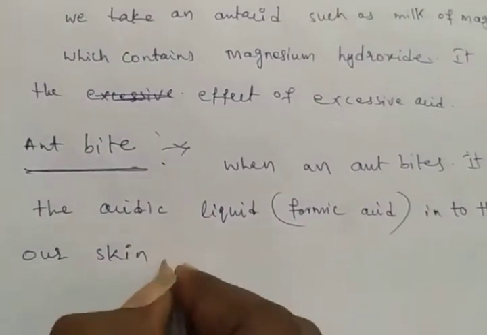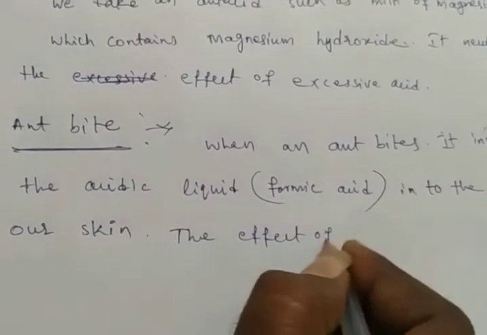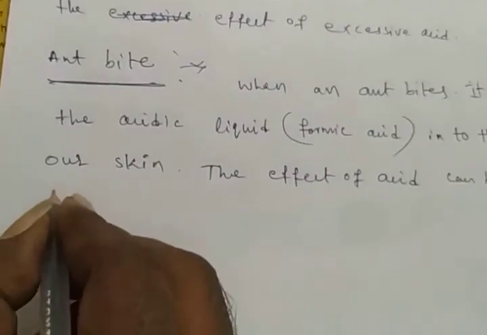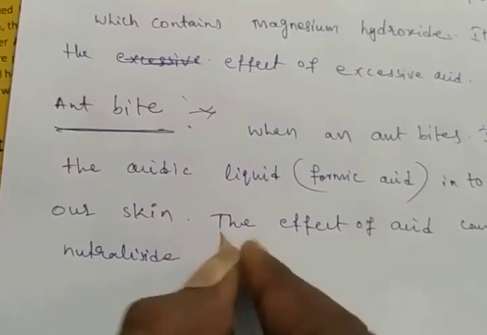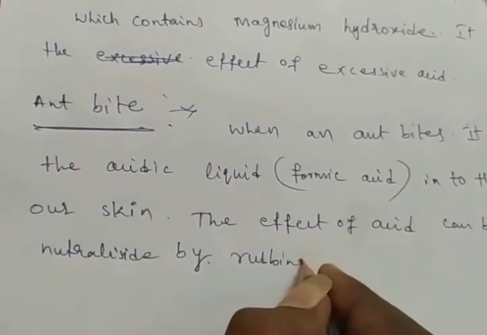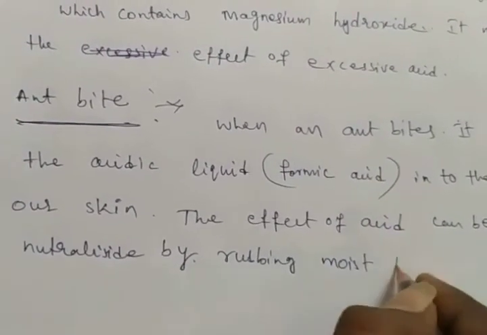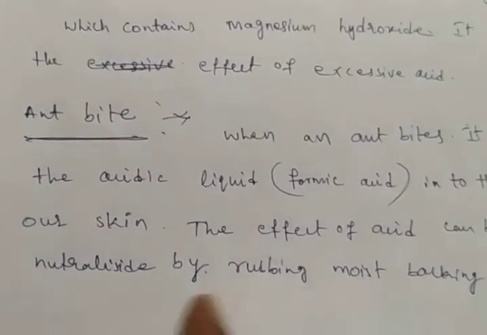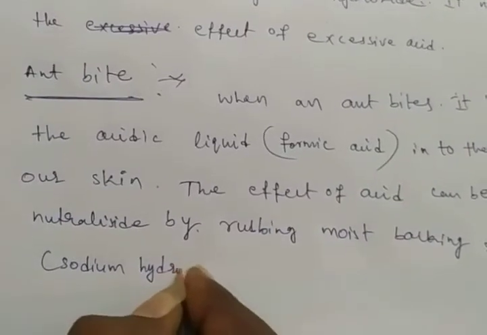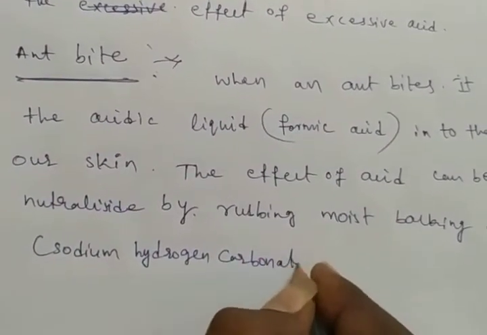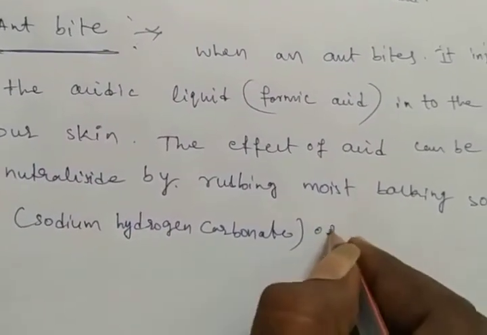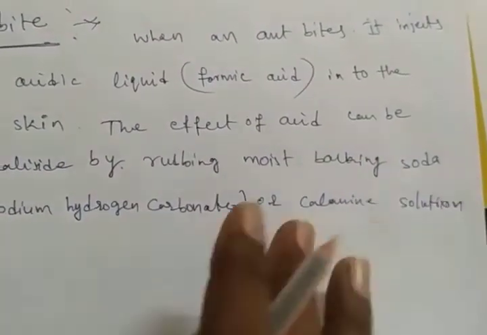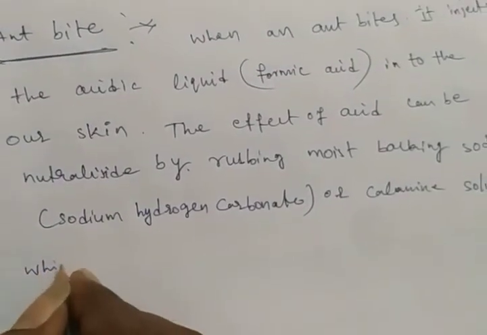The effect of the acid can be neutralized by rubbing moist baking soda, that is sodium hydrogen carbonate, or calamine solution, which contains zinc carbonate.